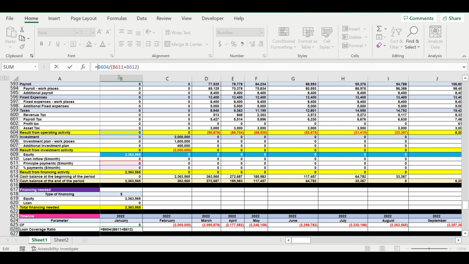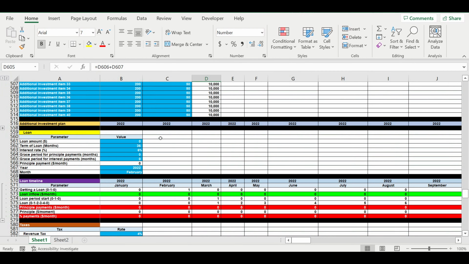So we will adjust the formula like this. Here, let's add a loan to our project and see how it will affect the financial efficiency.